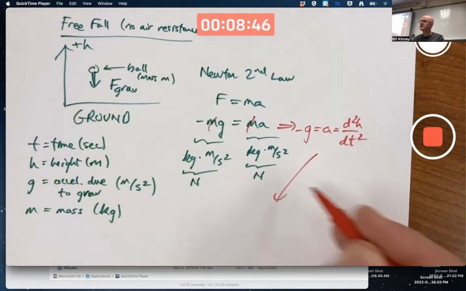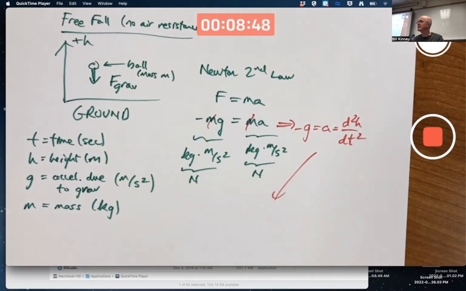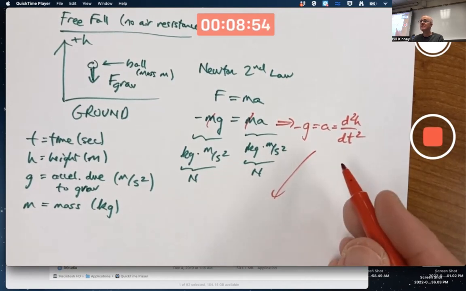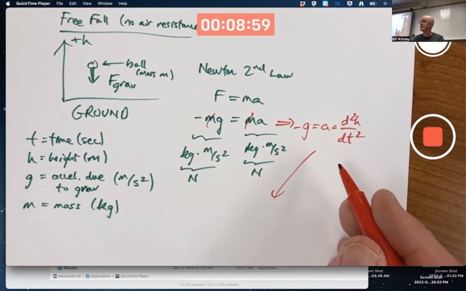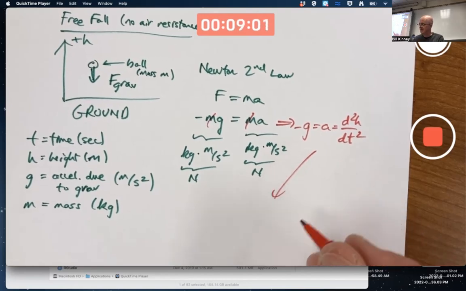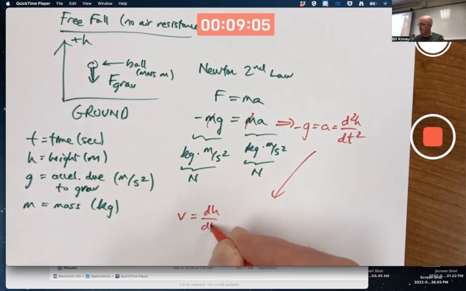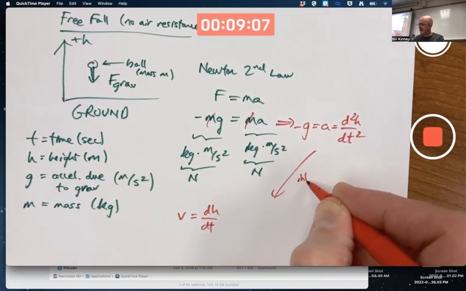What's the goal? The goal is to solve for h as a function of t. Well, if the second derivative is constant, you integrate it, you're going to get that constant times t plus another constant, an arbitrary integration constant. The velocity, the first derivative of h with respect to t, can be found by integrating.